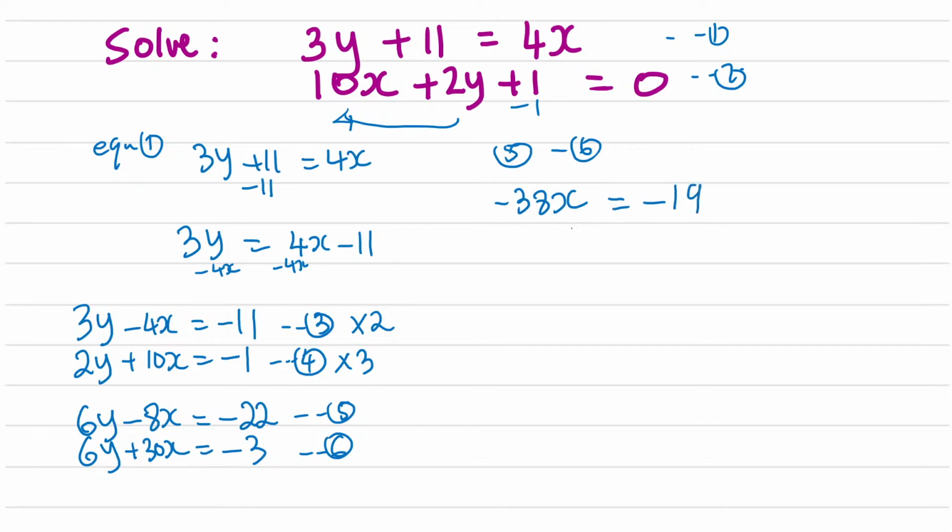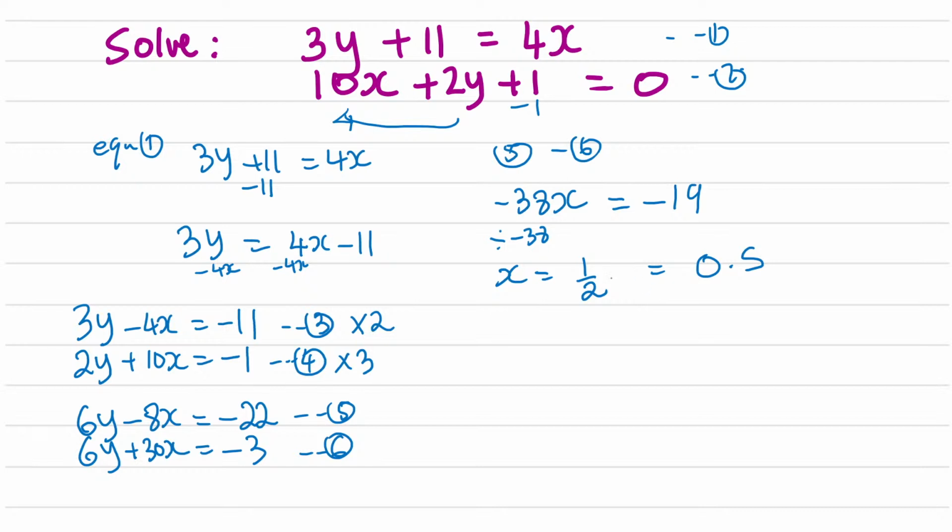Now, if you divide by negative 38 on both sides, you will have x equals, negative and negative will cancel, and 19 over 38 is a half. So x is equal to 0.5.